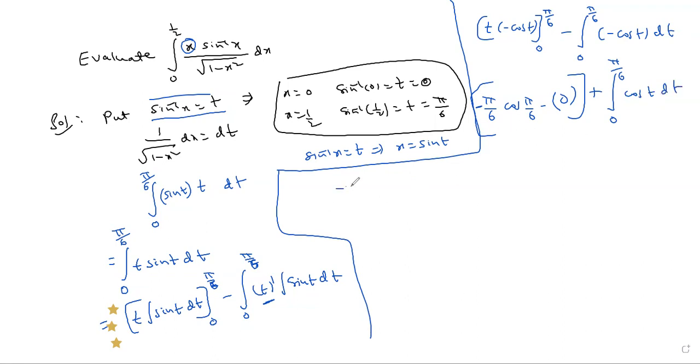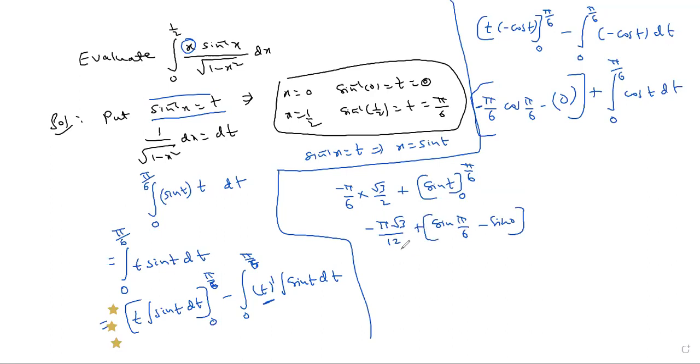Now you can write here minus pi by 6 into cos pi by 6, cos 30, which is root 3 by 2, plus integral cos t is sin t. Boundaries are 0 to pi by 6: minus pi root 3 by 12 plus sin pi by 6 minus sin 0.